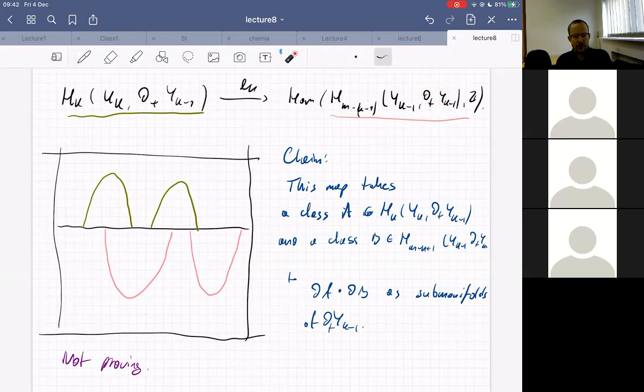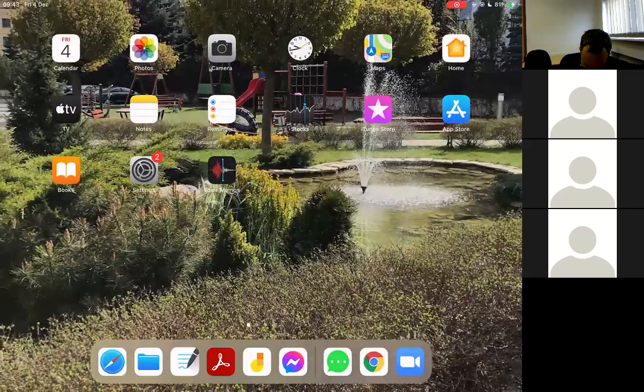If you factor this map, then you can show that this is a map that somehow factors through d plus of Y_(k−1) to Hom of H_(m−k) of d plus of Y_(k−1).